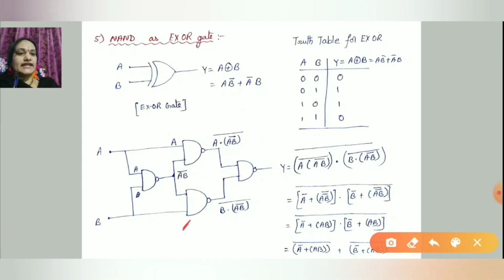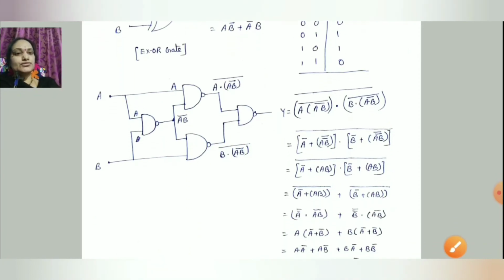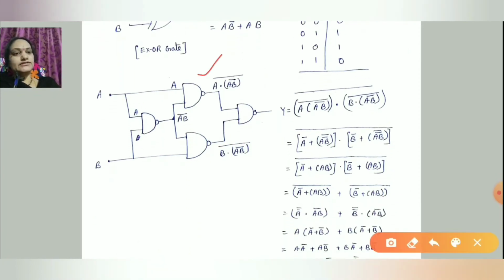Again, for this gate, the input is AB whole bar and the other input is B. That is why we got the output as whole complement of product of two inputs, that is B and AB whole bar. Okay. Now these two outputs are again acted as inputs of this NAND gate. Okay. Now the output expression becomes like this.